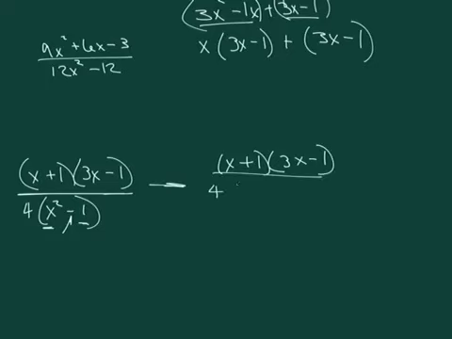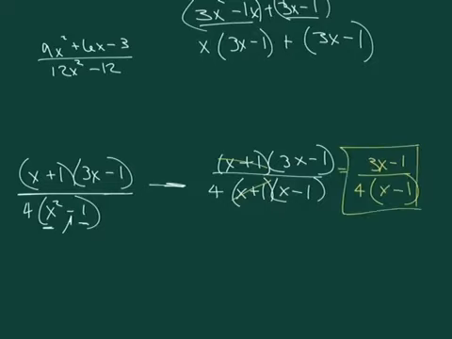And my denominator, I'm going to write as the difference of two squares, x plus 1, x minus 1. And then I can cancel that with that, and I'm left with 3x minus 1 over 4 times the quantity x minus 1. And that, my friends, is as simple as you can go. There's no exponents, there's nothing you can reduce. Everything is good at that point.